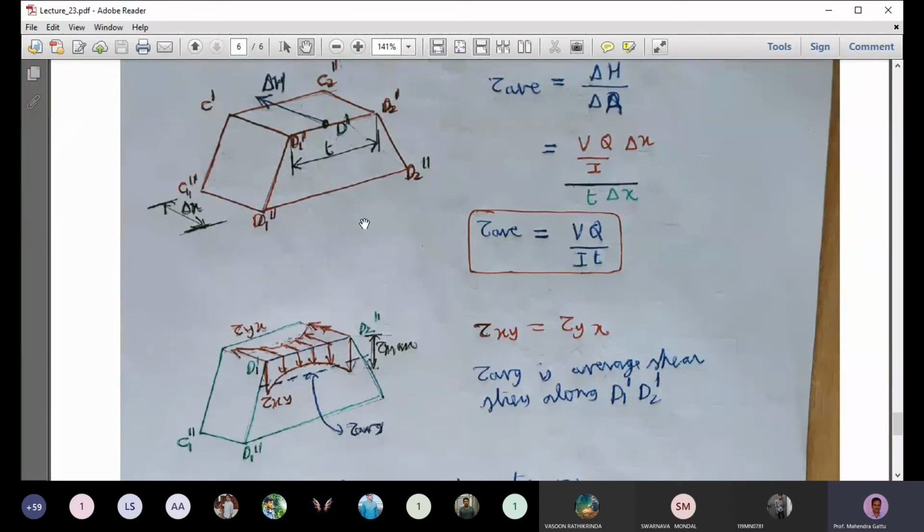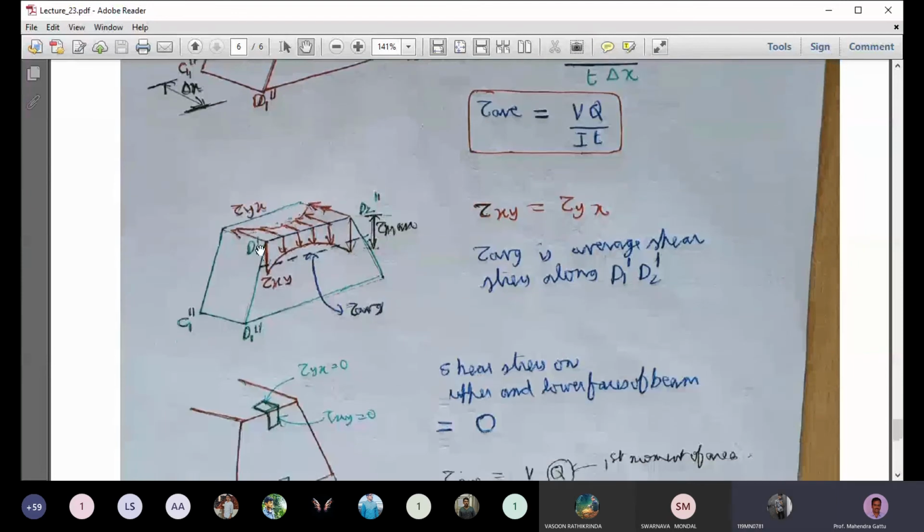The actual distribution of shear stress will not be uniform. Suppose you consider the line element D1 prime, D2 prime. Let's plot the shear stress acting on that line element. On the vertical face, in the vertical direction, we have the shear stress tau xy. The distribution of tau xy is like this.